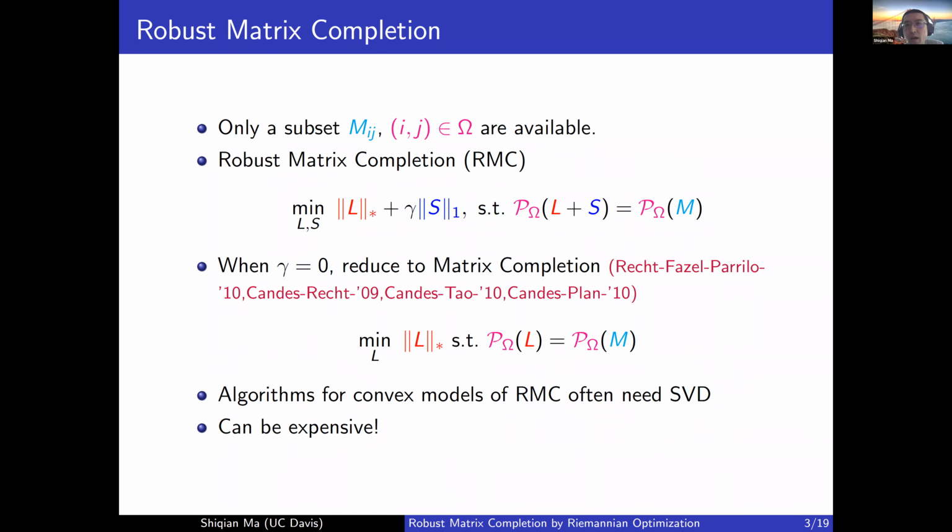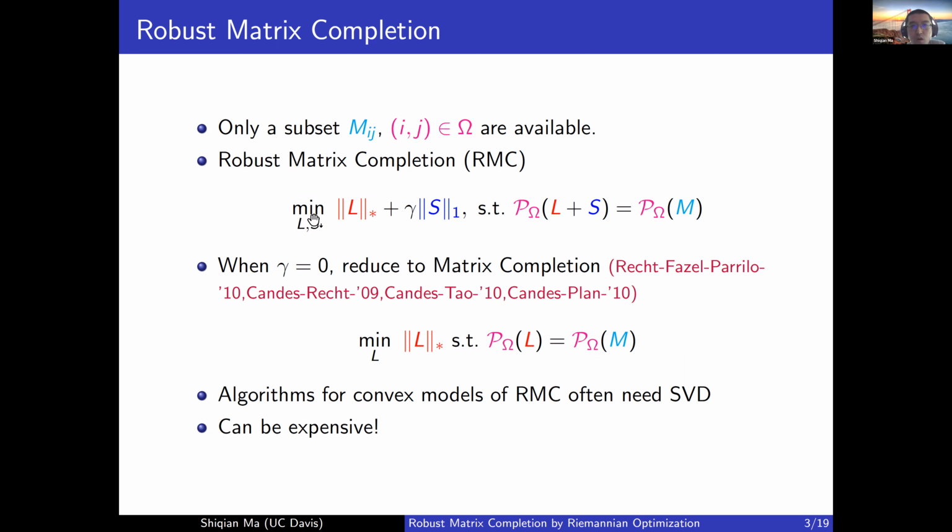And still, we want to do this low rank plus sparse decomposition. Very naturally, this problem can be formulated as this one. Again, this is a convex model. In the literature, people usually call this the robust matrix completion problem, so I use RMC to denote this convex model.